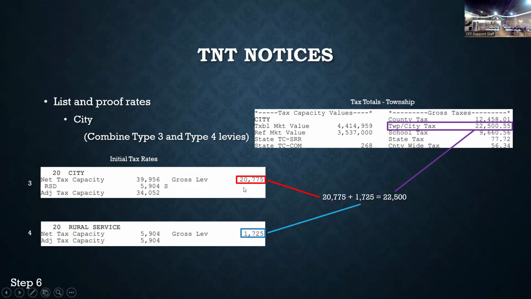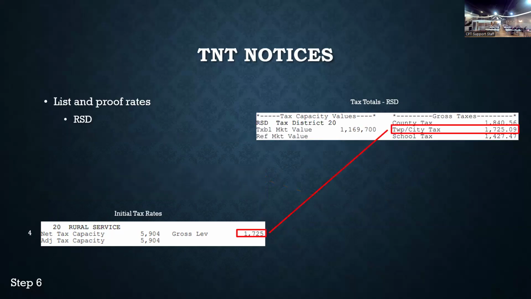And your city will match your city unless you have a rural service district. If you have a rural service district, then your combined type 3 and type 4 should prove to that township total. Now, we do also have a rural service district listing, and your rural service district levy should prove to your city township total on that rural service district tax totals listing.